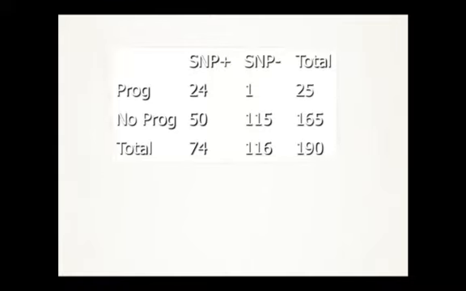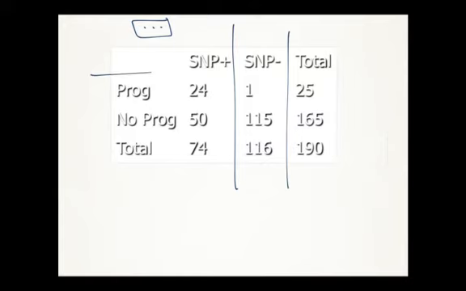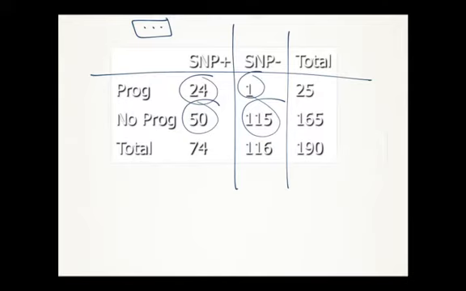So here I skipped a couple steps, right? In the first step, I went from our observed table, and then I just changed one number to make it more extreme. So this is why I added this dot dot dot, because there are a bunch of other tables in there. And then we can arrive at a table like this. This is obviously more extreme, 24 and 150 and 115, right? So this is a more extreme table.